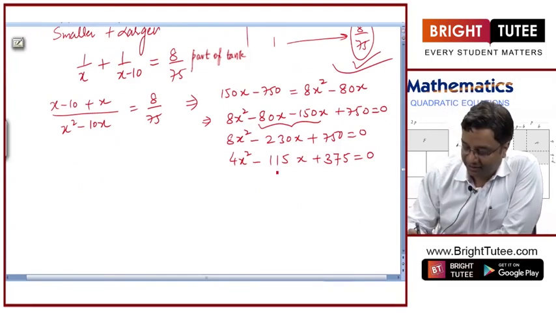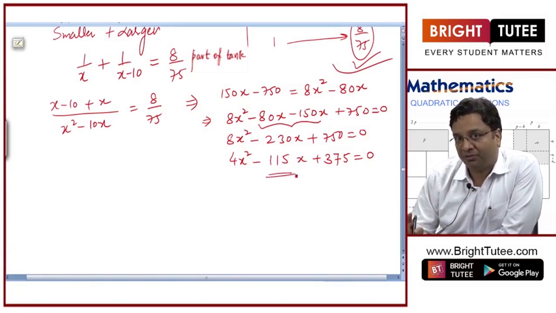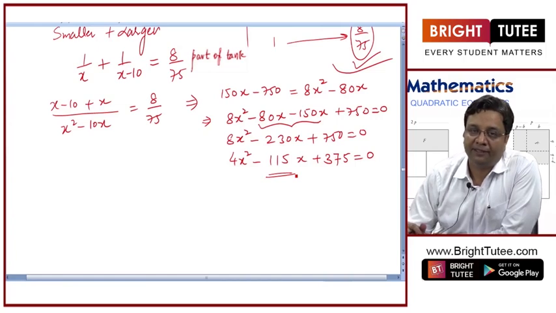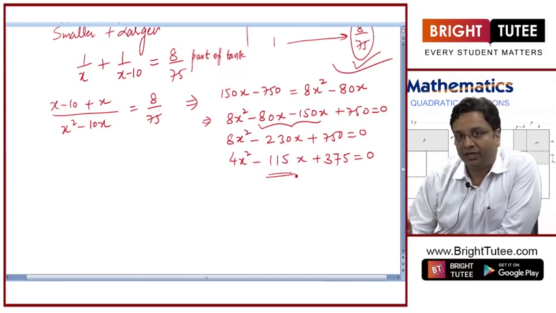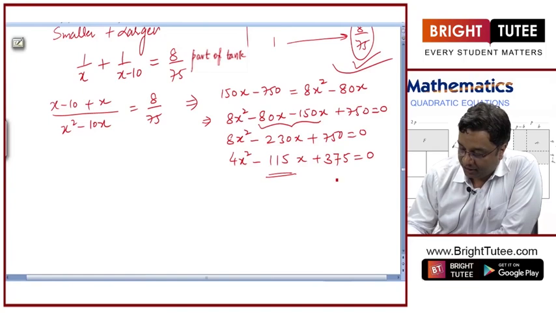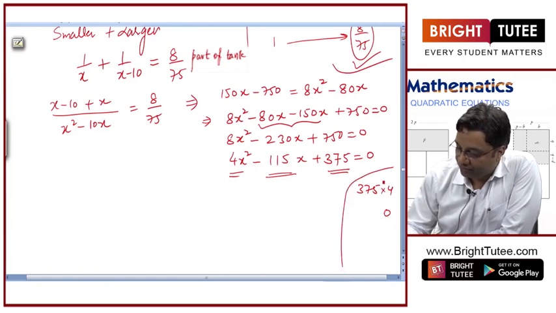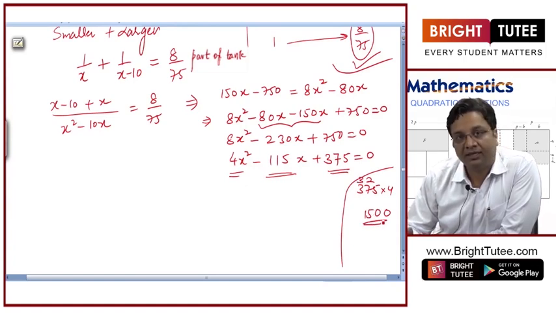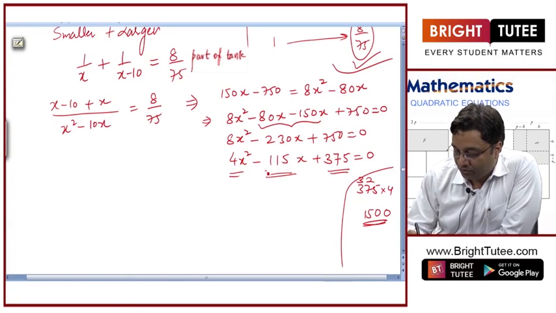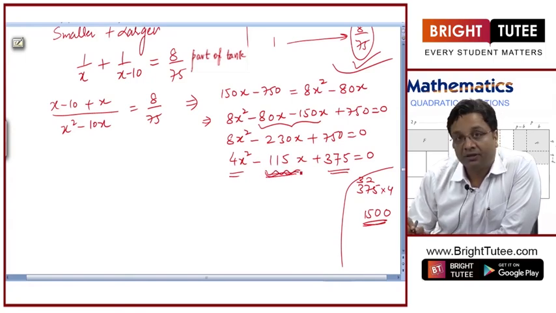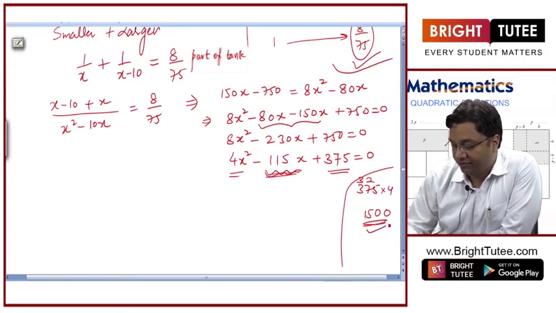You can factorize by splitting the middle term, or you can go by the completing the square method or the direct quadratic formula method, right? So let's solve it. What will be this product? 375 into 4 will be equal to 1500, right? Now I need two parts of this term, the product of which will be 1500.